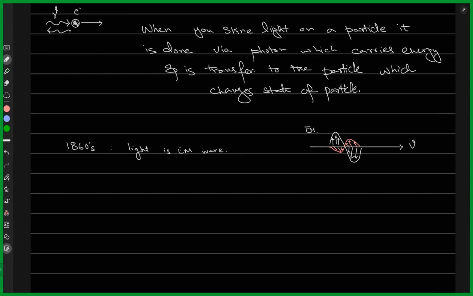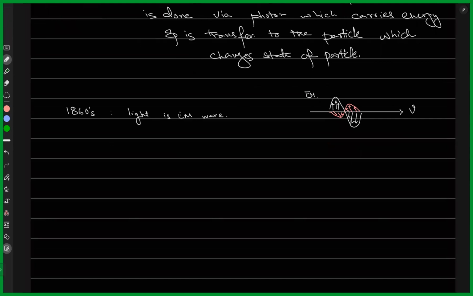Now everyone was pretty sure that this is how it is. It's an electromagnetic wave, which means light is just a wave. But later experiments were done. One of them, which we'll talk about, is the photo emission of electrons, or you could say the photoelectric effect. And there were some experiments done on black body radiation as well.